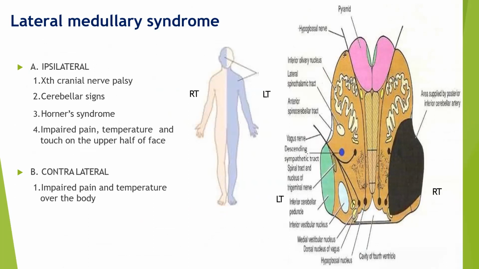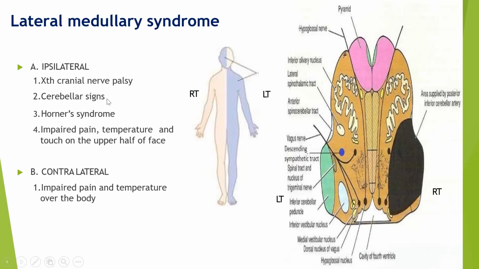In lateral medullary syndrome, the patient may have 9th and 10th cranial nerve palsy, cerebellar ataxia may be there, Horner syndrome will be there, and pain and temperature on the upper half of the face will be involved. All this will be present on the same side. So you have to carefully examine the 9th and 10th nerves.